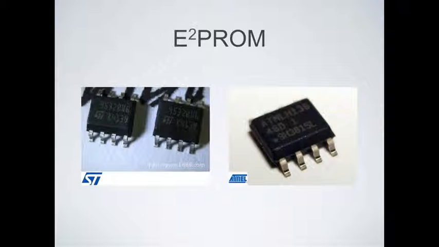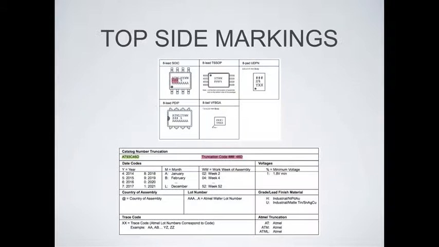Depending on which manufacturer you're looking at, the markings could be shorthand or truncated. So the Atmel on the right is actually a truncated version of the actual model number. If we go to the next slide, we're going to take a look at the topside markings.